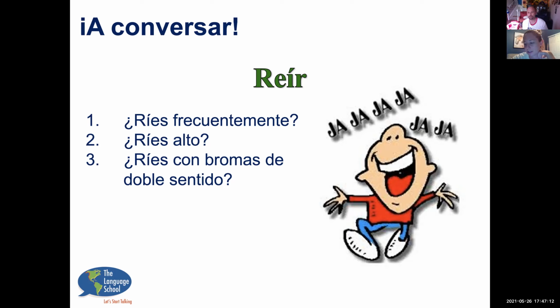Okay, good. I was going to ask you to make sure that you understood it. Alto y bajo, when it's referring to sound, means loud or quietly, right? So here, ¿ríes alto? is like, do you laugh loudly? And then bajo would be like quietly. Exacto.